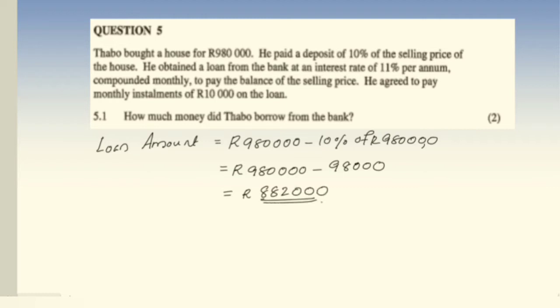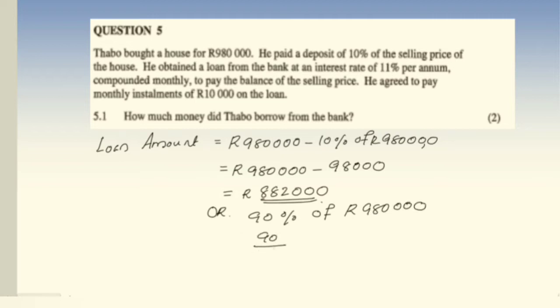A 2 marks question. The very same question we can do it another way. The loan amount is 90%, because 10% is the deposit. So the loan amount is 90% of R980,000. So just calculate 90%.